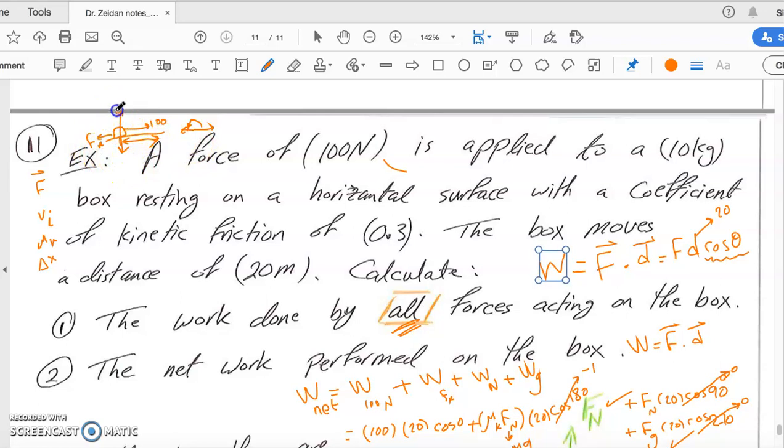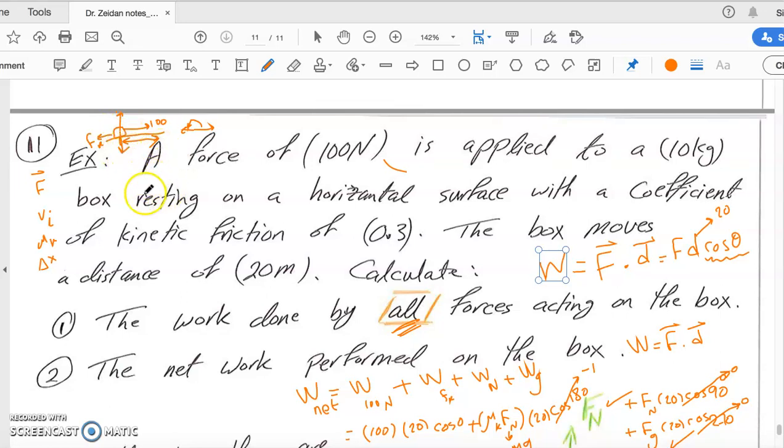Now, what about the normal force? What is the angle between the normal force and the displacement? It's 90, right? All right, cosine 90 is 0. So there will be no work done by the normal force on the object. Okay, the fourth force, Fg.